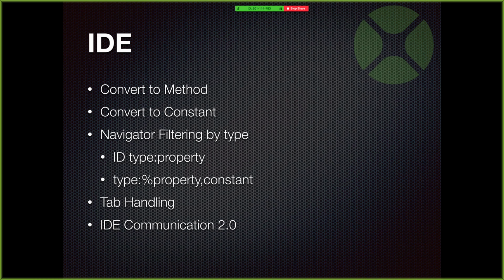And the last IDE item that was added in this release, and we're kind of calling this a beta at this point, to give people time to test it out in case we need to make any changes to it, is our IDE Communication 2.0 protocol. This is a way for your own apps to communicate with the Xojo IDE and send it commands, essentially IDE scripting commands that it then runs.